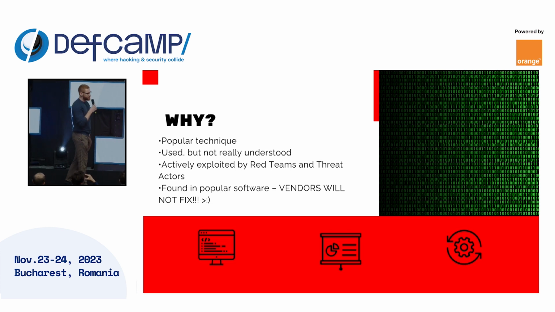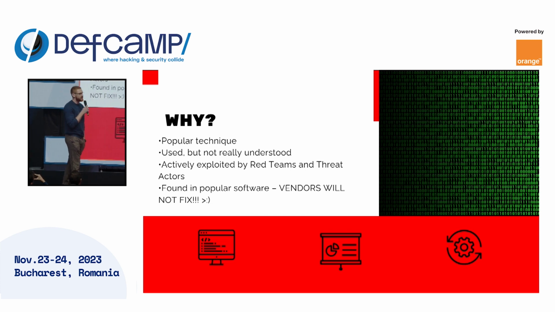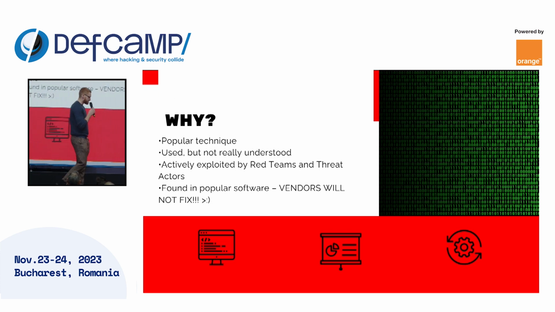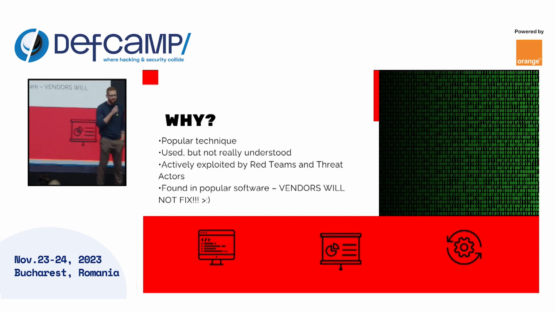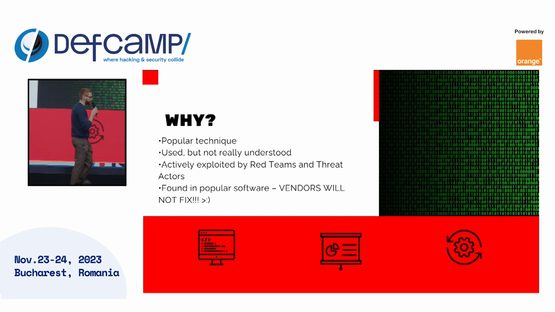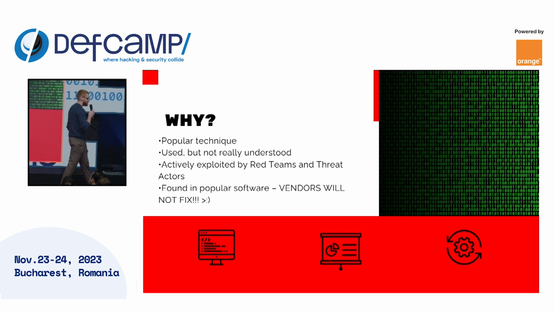Now, also, DLL hijacks are used by red teams and threat actors everywhere for persistence and, in some cases, privilege escalation. Also, I bet that every one of you uses software that is vulnerable to DLL hijacks. For instance, Microsoft Teams, OneNote, OneDrive, and Microsoft actually states that they will not fix these issues.